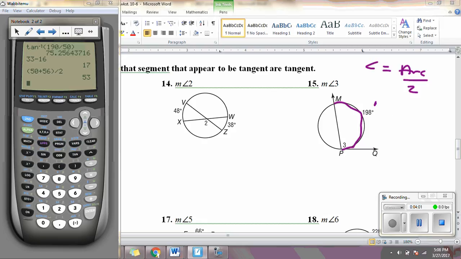So that means the measure of angle 3 is going to equal arc MP divided by 2. So that means 198 over 2, which is 99 degrees.